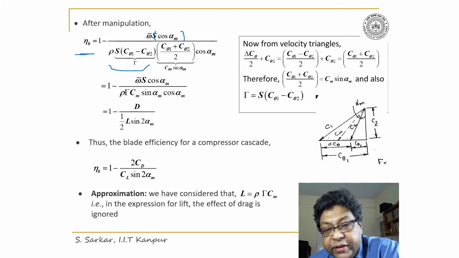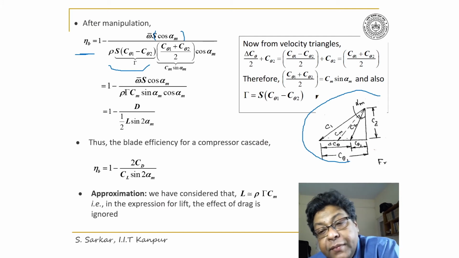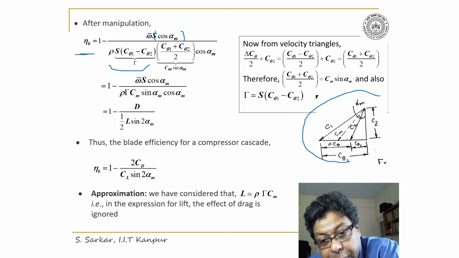Now look here, this is the velocity triangle. Please concentrate on that velocity triangle. Here in the velocity triangle, suppose I have defined del C theta. Del C theta is nothing but C theta 1 minus C theta 2.